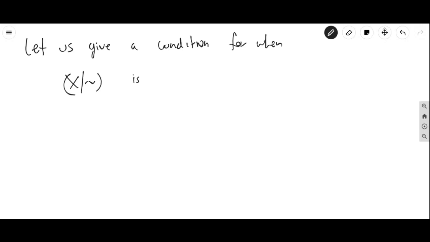So let us give a condition for when the quotient is Hausdorff, assuming X is Hausdorff. So here's the condition.